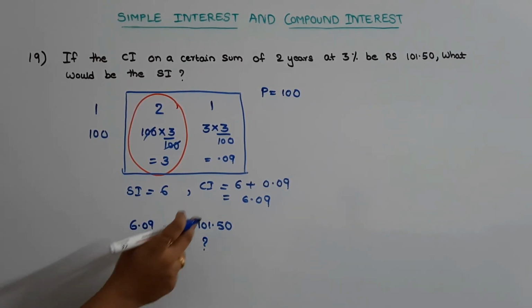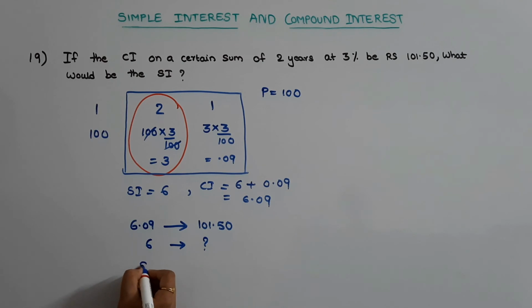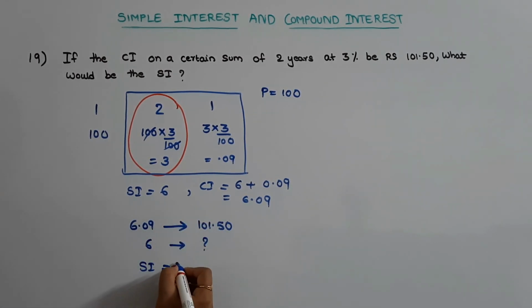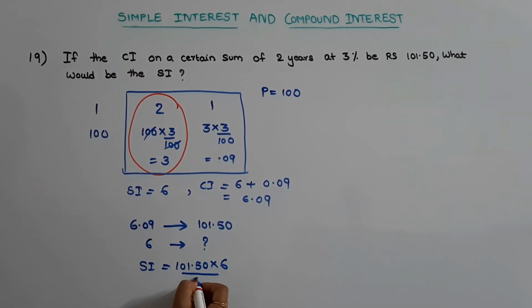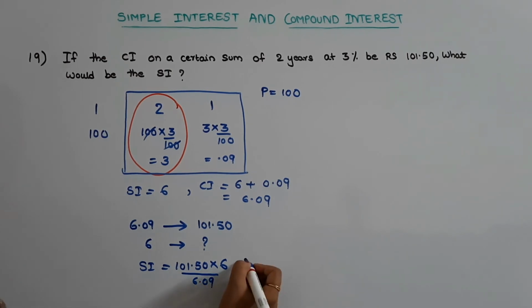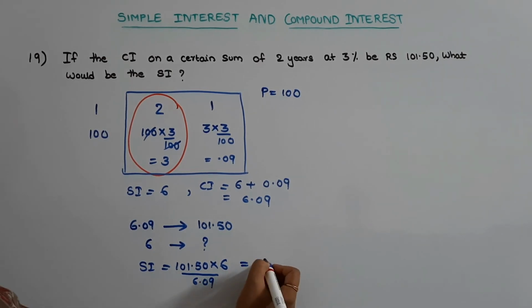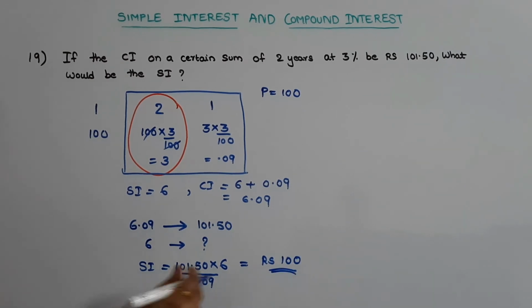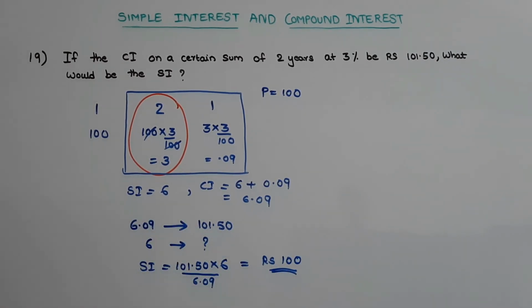You will get that by cross multiplication. Hence simple interest will be equal to 6 into 101.5 divided by 6.09. So the answer will be equal to rupees 100. If you solve this, you will get the answer as 100.